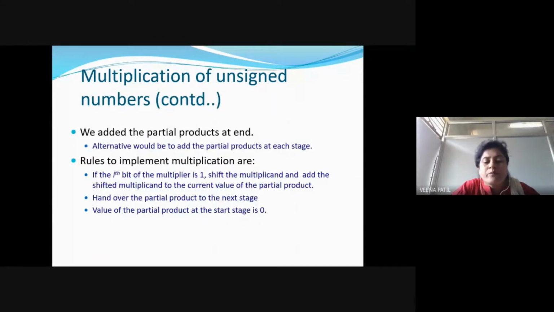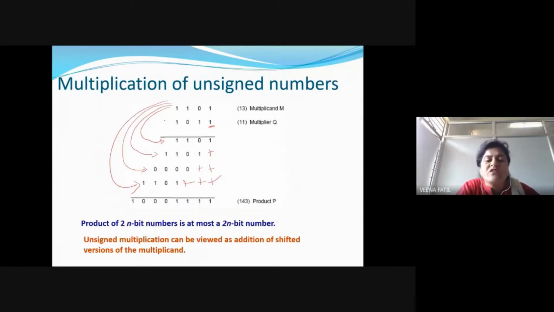Now hand over the partial product to the next stage. For every stage, I will check the ith bit of the multiplier. Let's say this is the ith bit. If the ith bit is 1, I simply do the addition of the multiplicand.